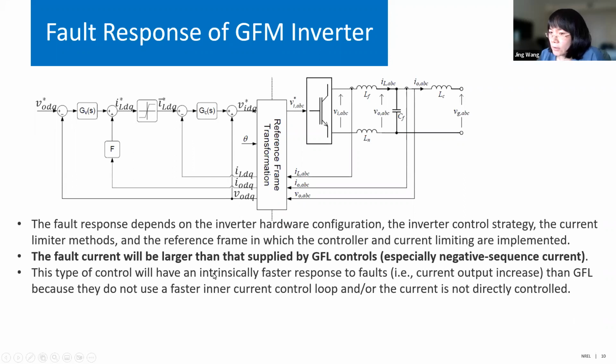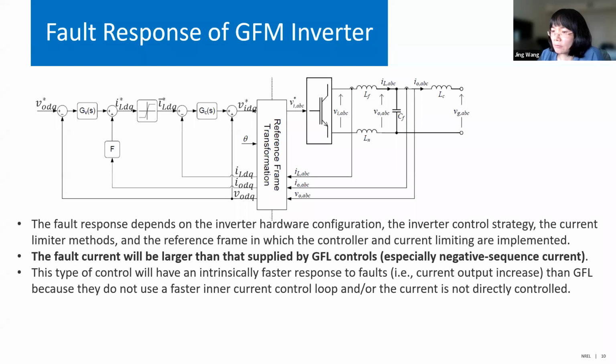The fault response of this grid forming inverter depends on the inverter hardware configuration, the inverter control strategy, the current limiter method, and the reference frame in which the controller and the current limiter are implemented.